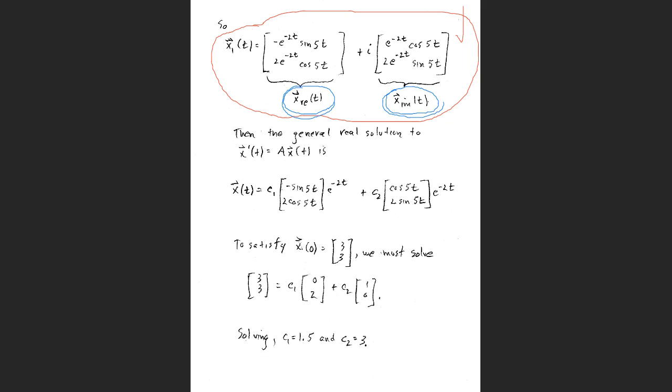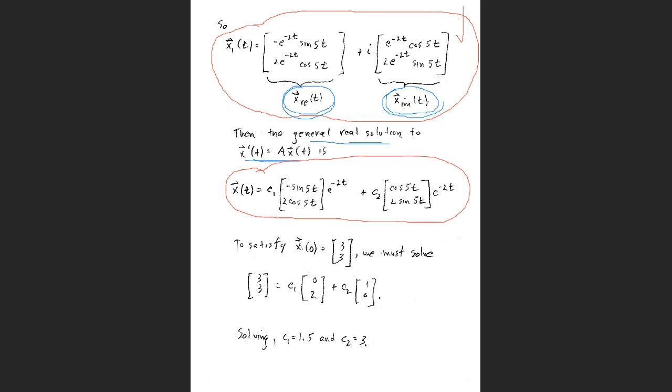And we learned that both of those vectors are solutions, real solutions, to the linear system of differential equations. And therefore, the general real solution to the linear system of differential equations is going to be given as this vector here.